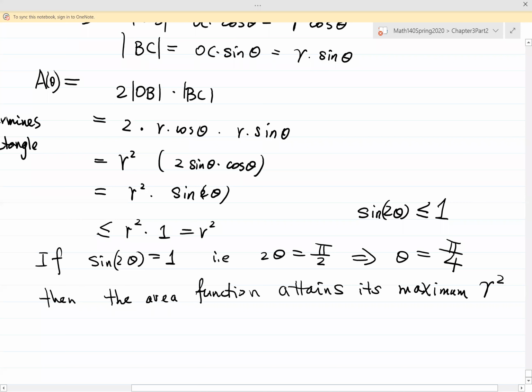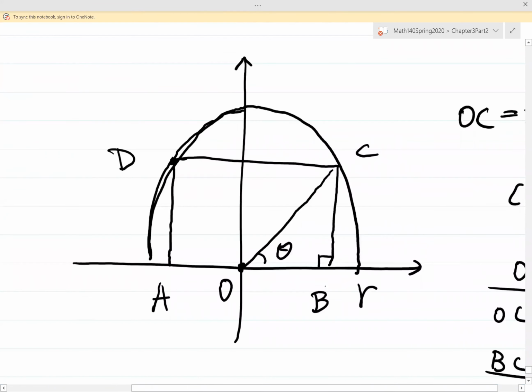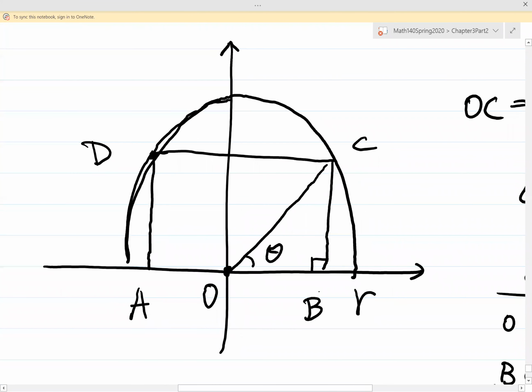Then we actually get more information about the geometry when the angle is pi over 4. If you look at this picture, when the area achieves its maximum, the rectangle consists of 2 squares.